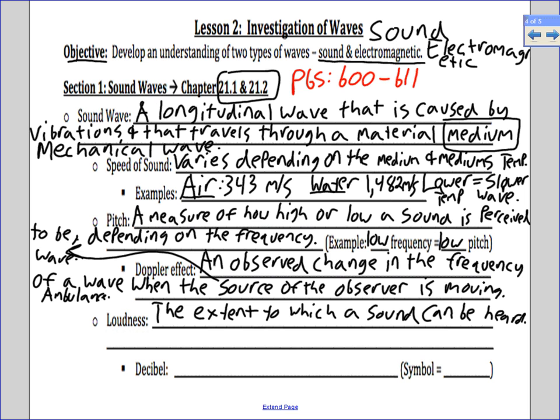Okay? And increased loudness is caused by an increase in the amplitude.